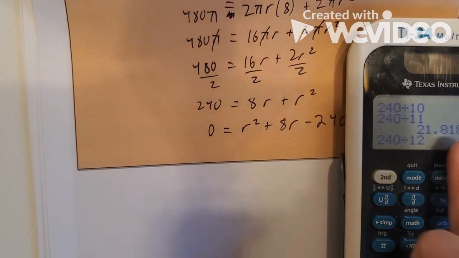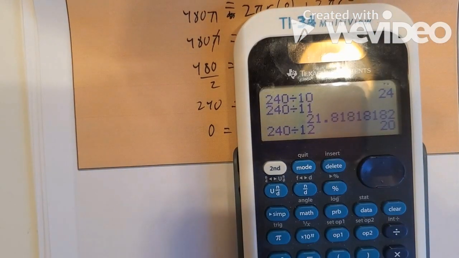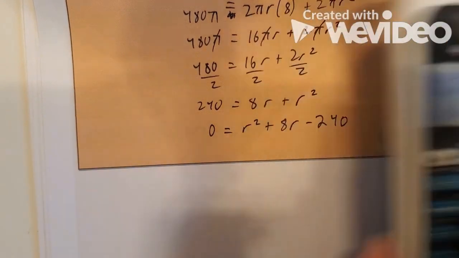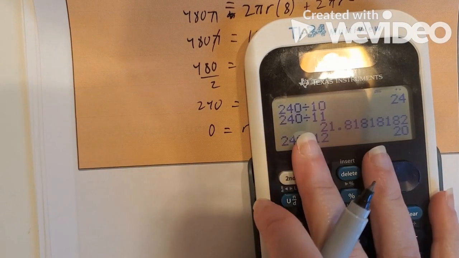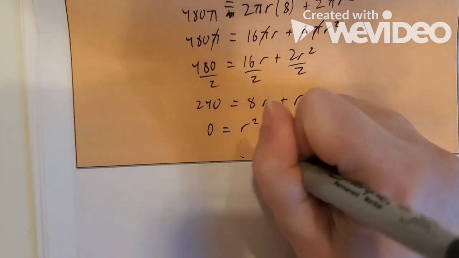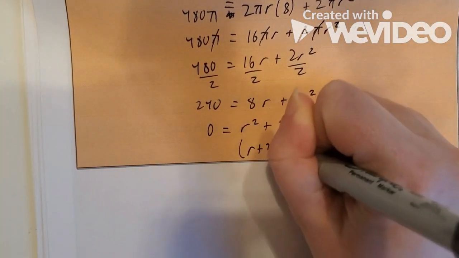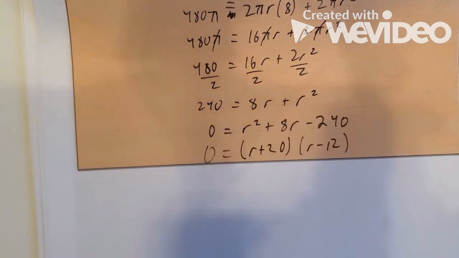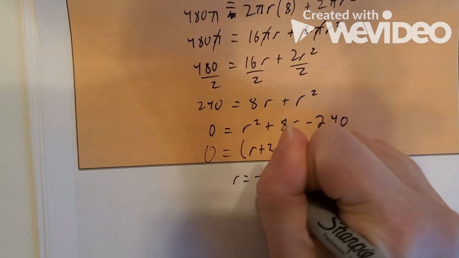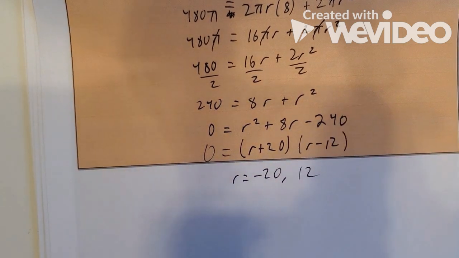All right, so it looks like this is it: 20 and 12. Because we want positive 8, and 20 minus 12 is 8. So this is going to factor into r plus 20 and r minus 12. So when you solve this, you get r is equal to negative 20 and positive 12.